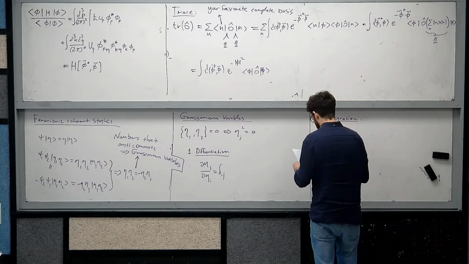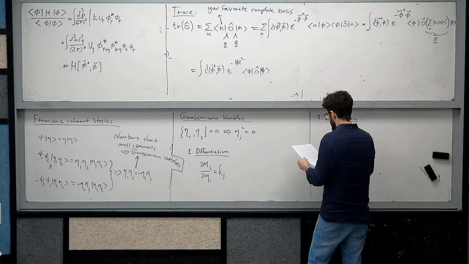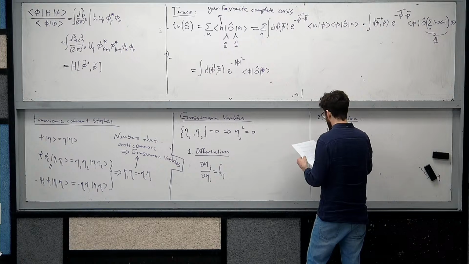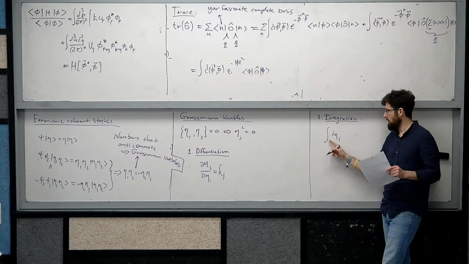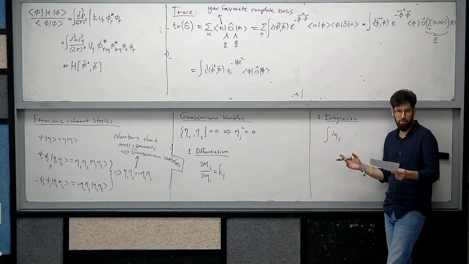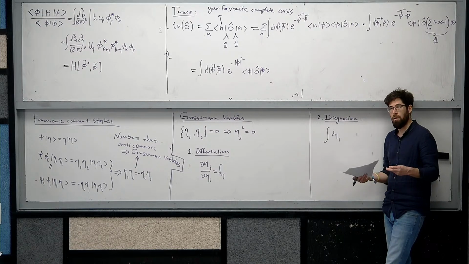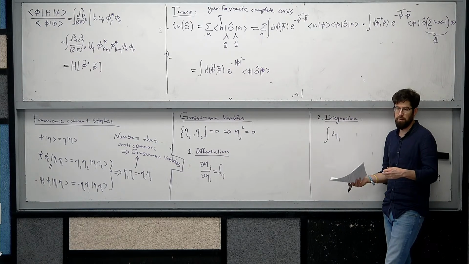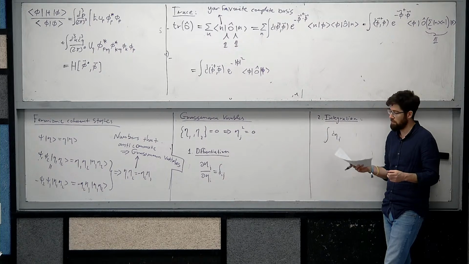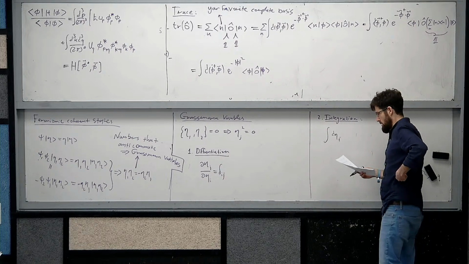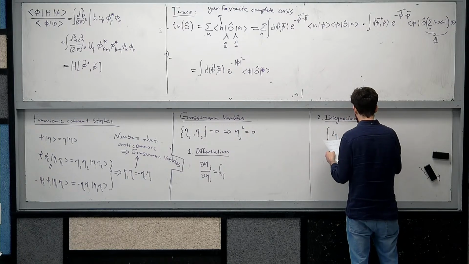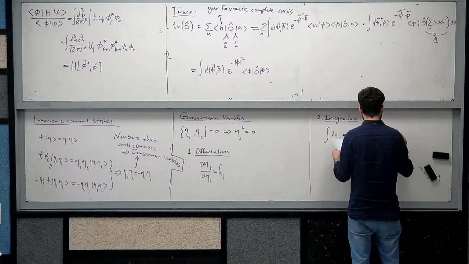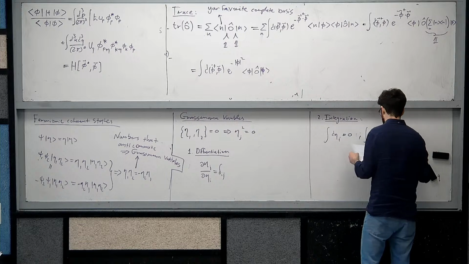So integration gives us an integral d eta i. And this integral here, I'm talking about integrating over the space of these variables. So you could think about an integral of a number from minus infinity to infinity. Here it's an integral over the space of these variables. Then the integral d eta i of 1 is basically 0. Okay, but the integral d eta i times eta i is 1.